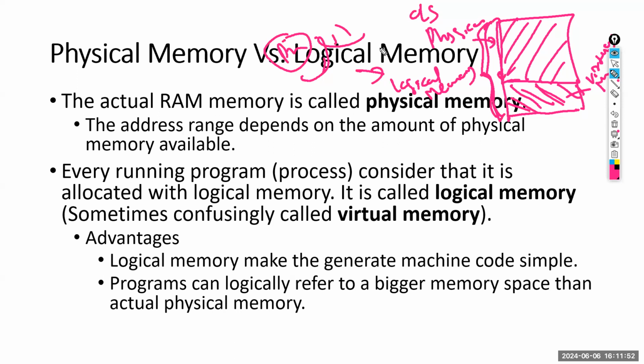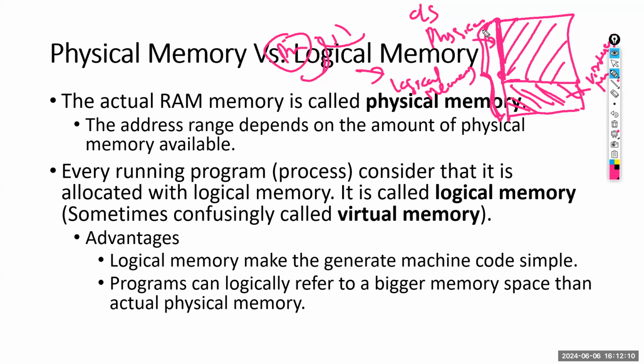Now you can see that each memory location must have an address. Physical memory must have addresses. That is what your operating system is looking at, because that is the real memory.